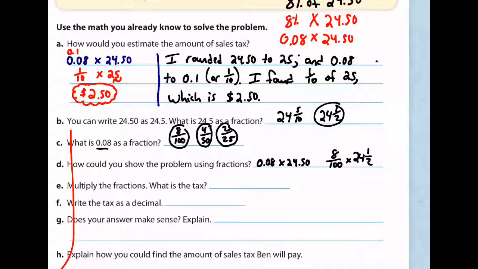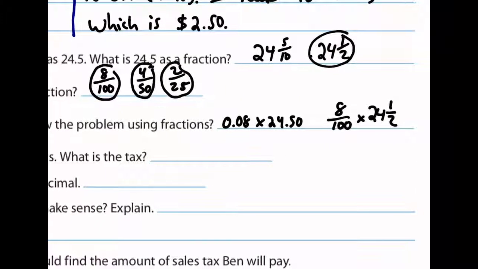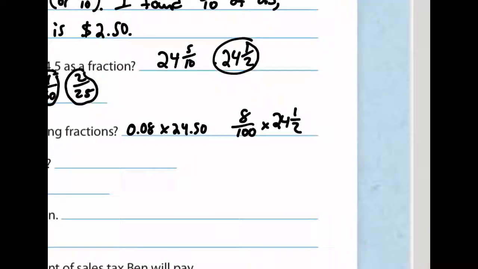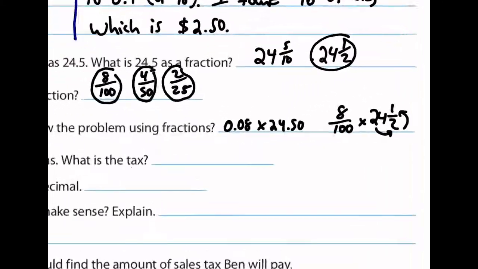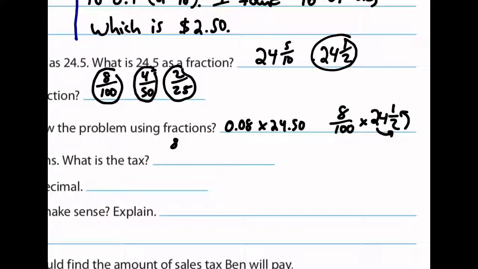Now E says multiply the fractions. What is the tax? Now if you're multiplying those, 24 and a half, you would do 24 times 2, which is 48, plus 1 is 49. So you would do 8/100 times 49 over 2.